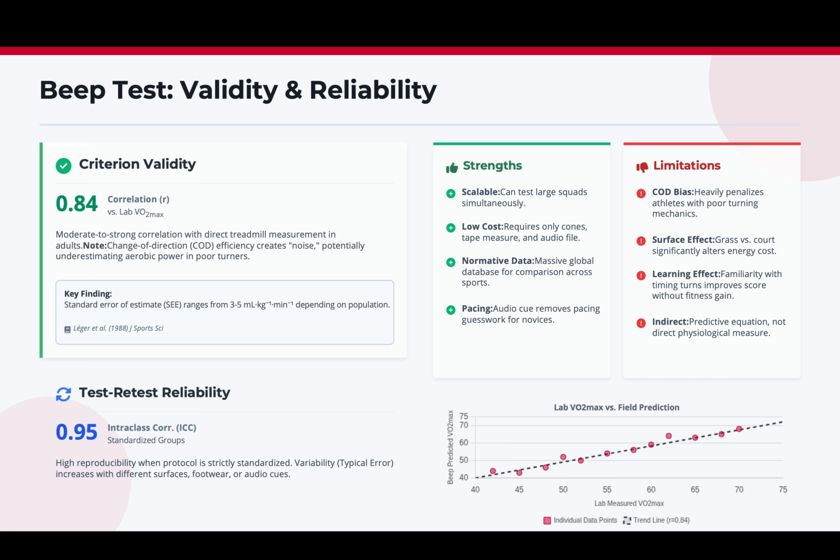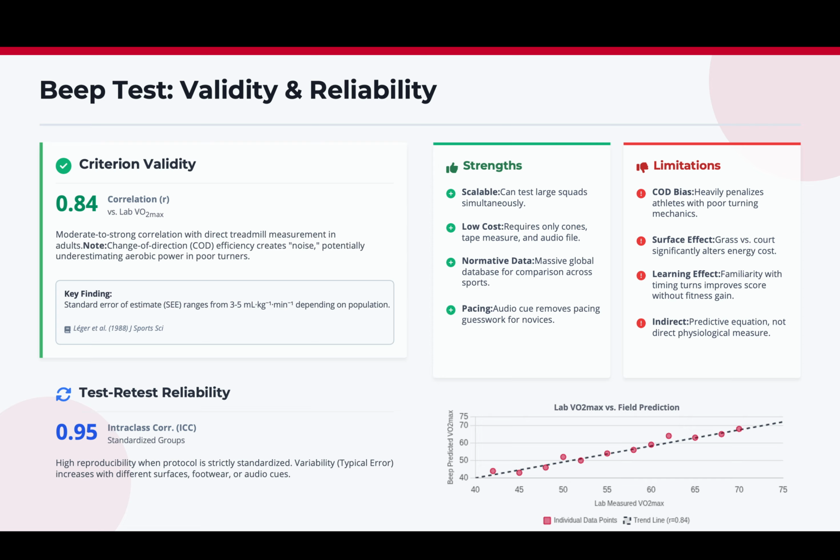Strengths: scalable, can test large groups simultaneously. Low cost, requires only cones, tape measure, and an audio file. Normative data: a massive global database for comparison across sports.